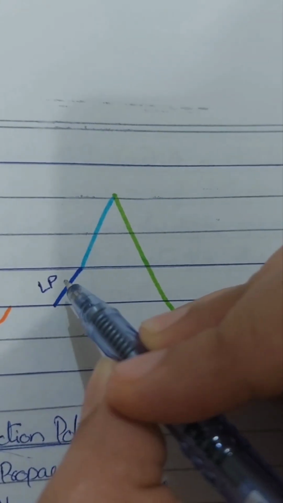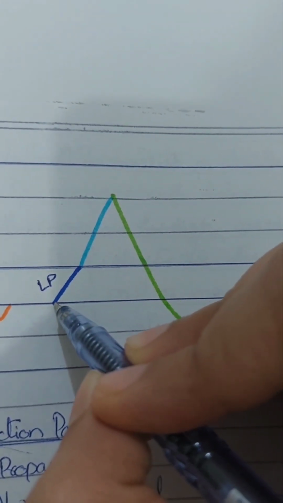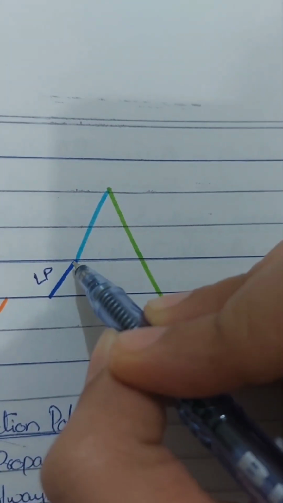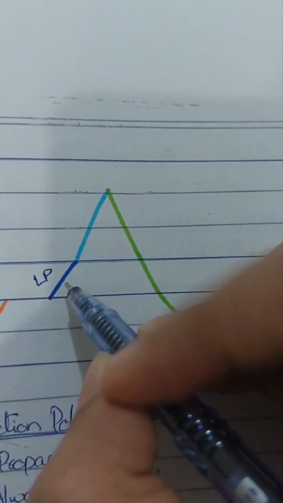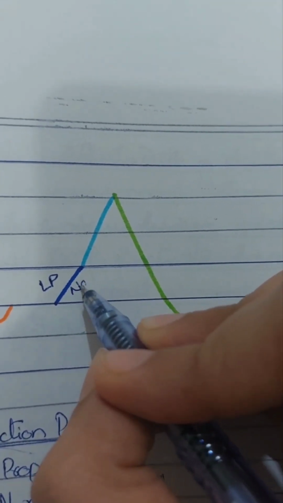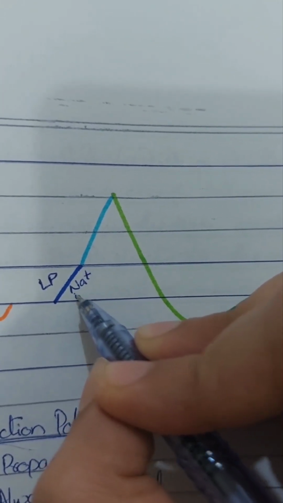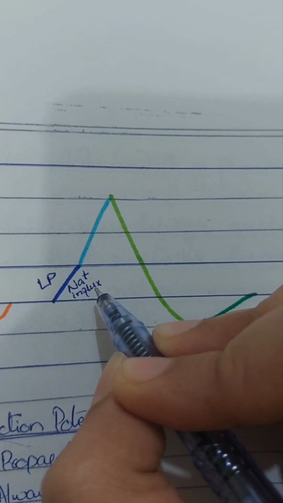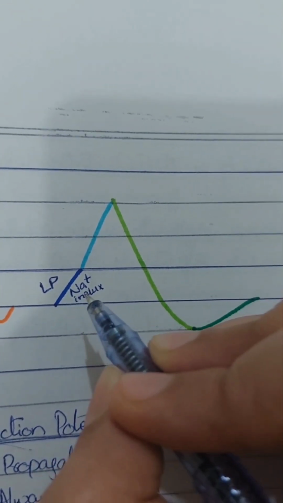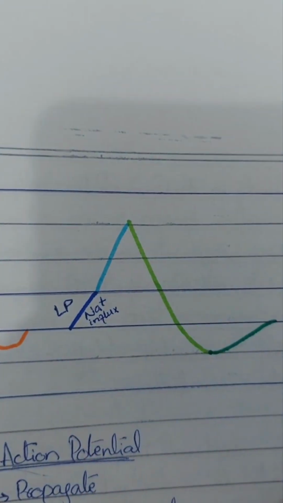This is local potential, where the resting membrane potential reaches the threshold potential by the sodium influx due to the mechanical stimulus sensitive sodium channels.